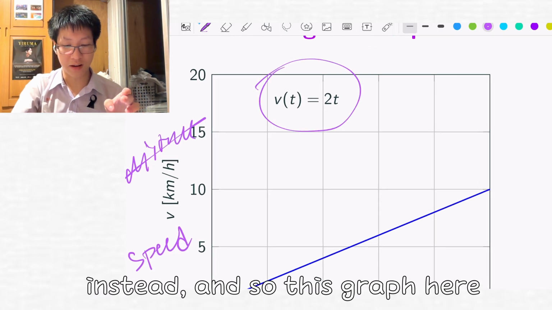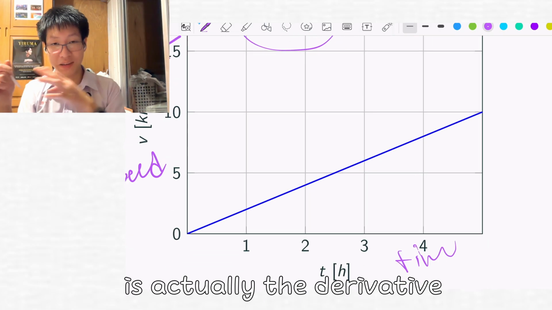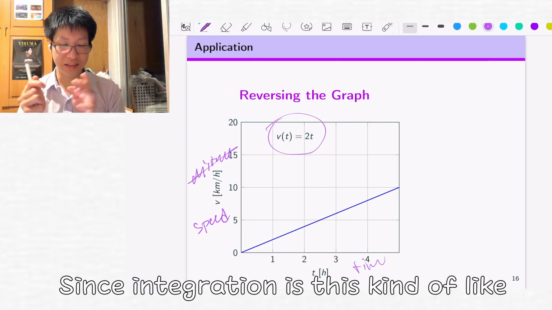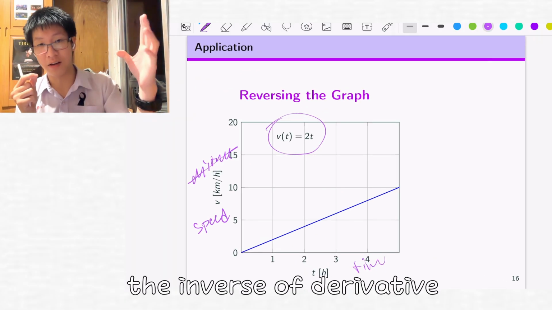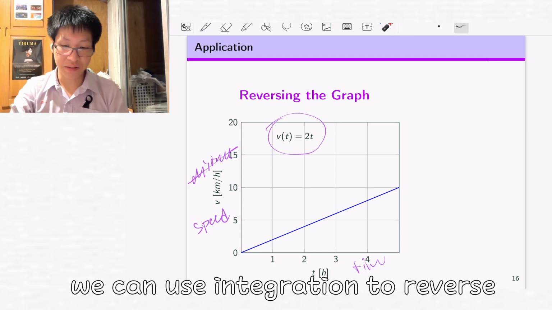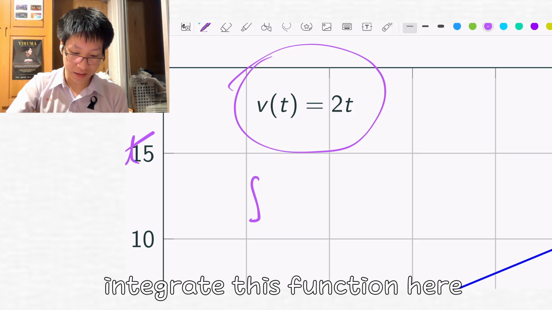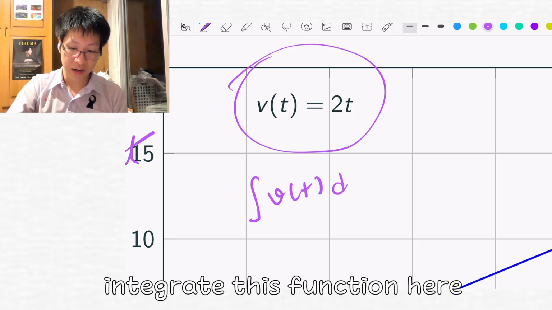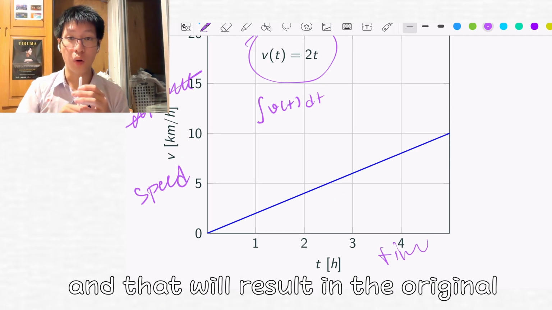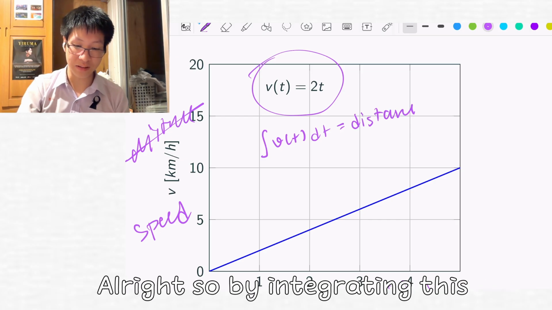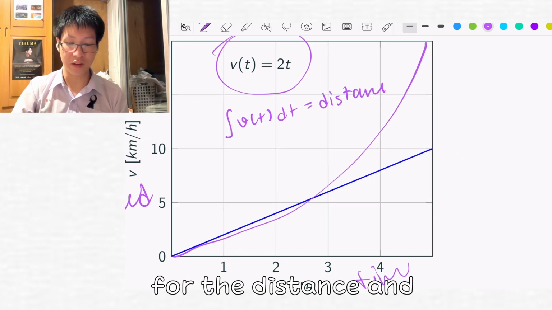And so this graph here is actually the derivative of the original distance graph that I showed you. Since integration is just the inverse of the derivative, we can use integration to reverse the graph. And so with this function, we can integrate it, and that will result in the original graph that we used for the distance. All right, so by integrating this, you can actually get the curve for the distance.